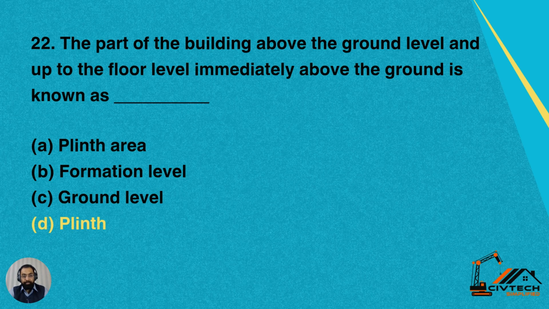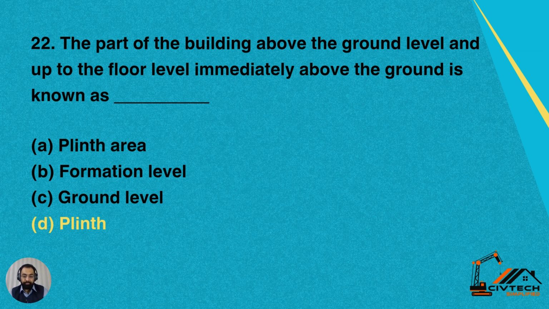Question 22. The part of building above the ground level and up to the floor level immediately above the ground is known as dash. So that portion is above ground level, first condition, and up to floor level immediately above the ground. So it's above the ground, but not above the floor.